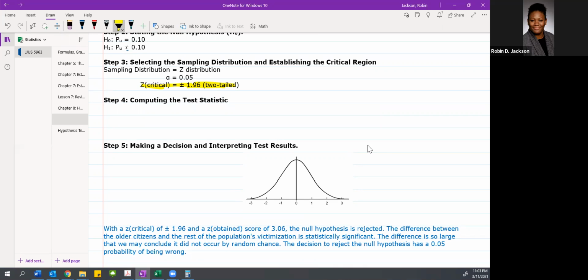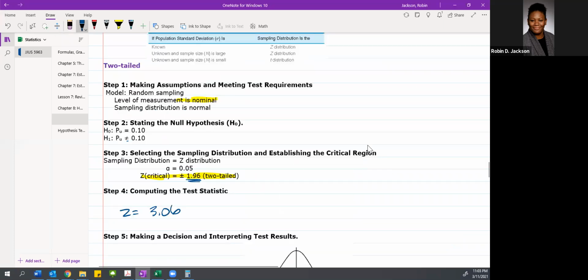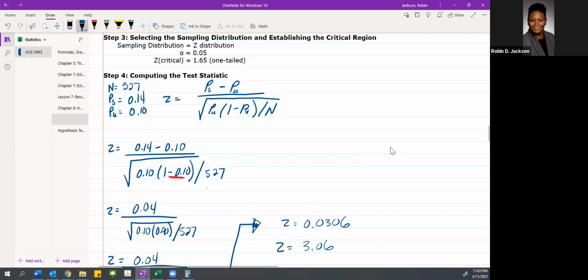But the key difference here is for the 2-tailed, rather than 1.65, I have plus or minus 1.96, okay? Now that computation for the test statistic is going to be the same as the problem above, and you're going to ultimately end up with Z equal to 3.06, okay? Everything is the same, because all of the information is exactly the same.